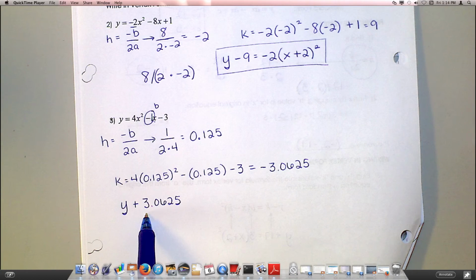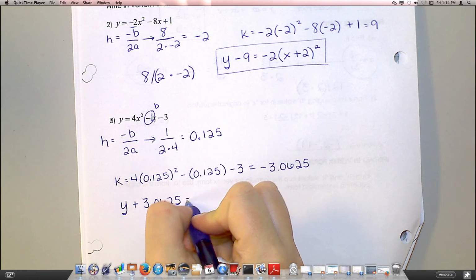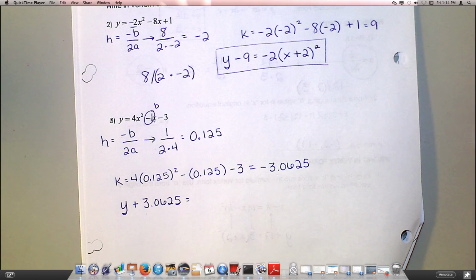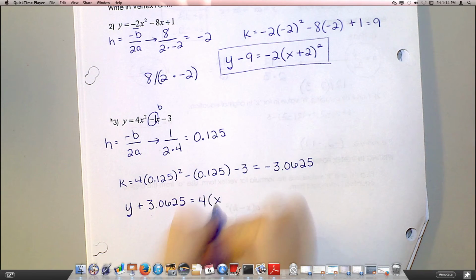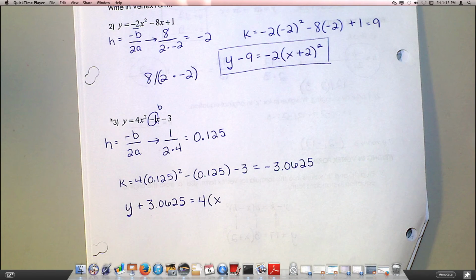What's my A value? 4. A value is 4. And then x what? Which number goes with the X?